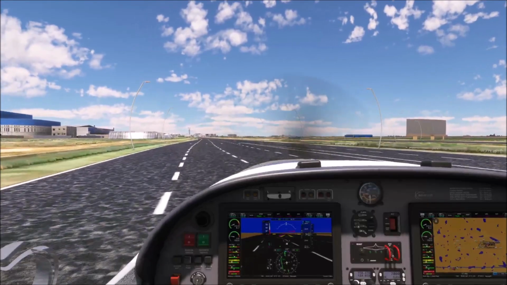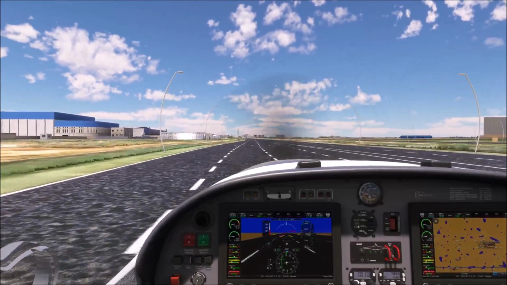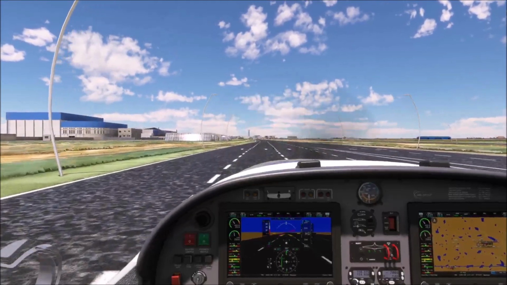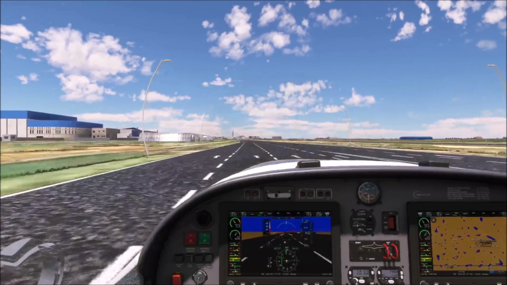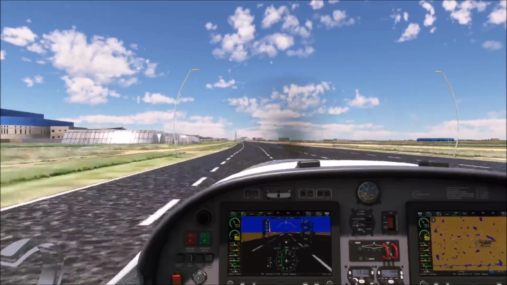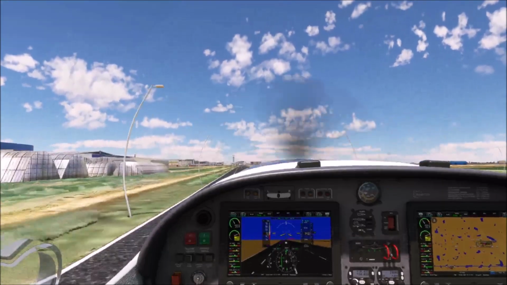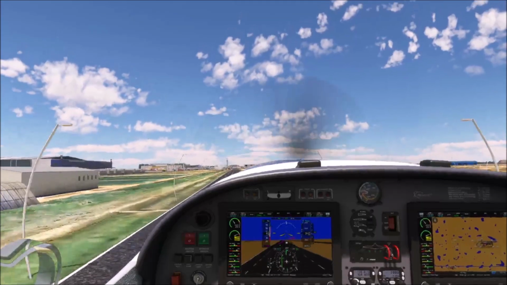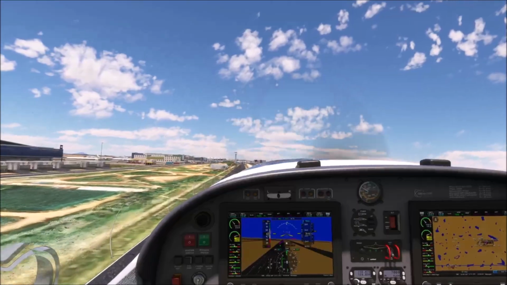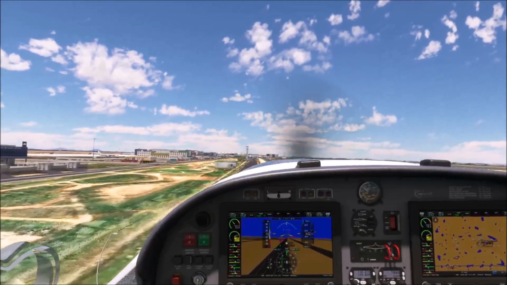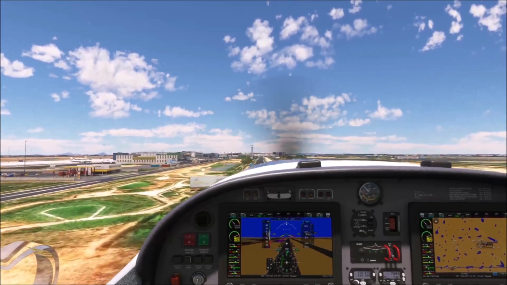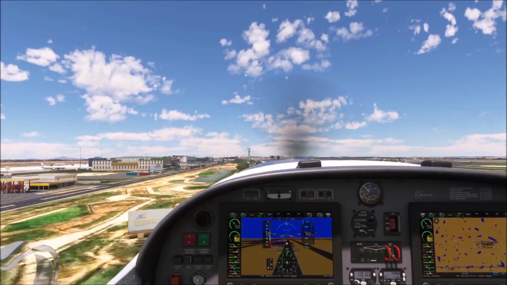Okay, let us depart. It will be something between a free flight and an ILS landing. Okay, airborne. Here is the airport, Kempegowda International Airport in Bangalore or Bengaluru.